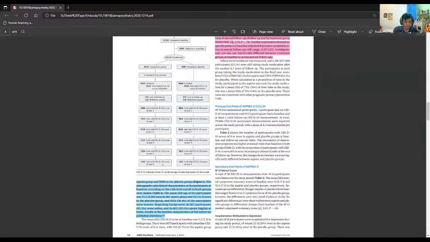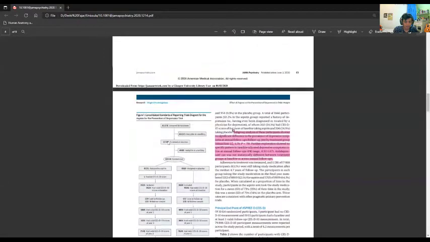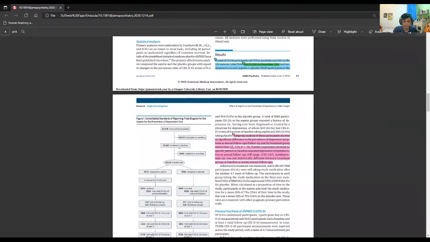And as you can see here, this is the participant flow. From the 83,000 here, there are 90,000 unwilling and ineligible, and 23,000 agreed at baseline.